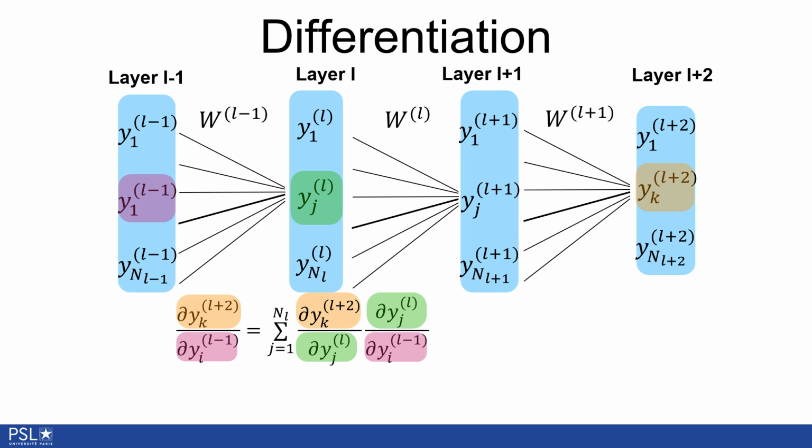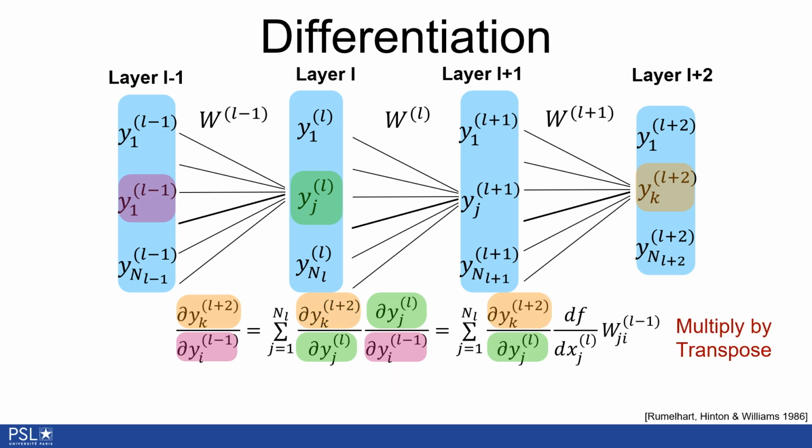Applying the chain rule with respect to layer L gives a sum, where each term is a product of the differential between the output activity YKL+2 and the activity of a neuron in layer L, and the differential between the activity of the same neuron in layer L and the input activity YI-L-1.